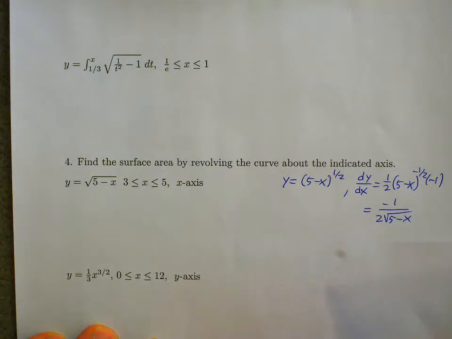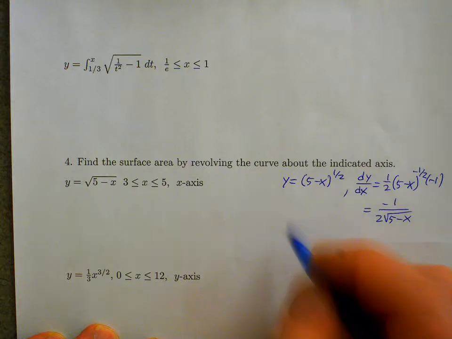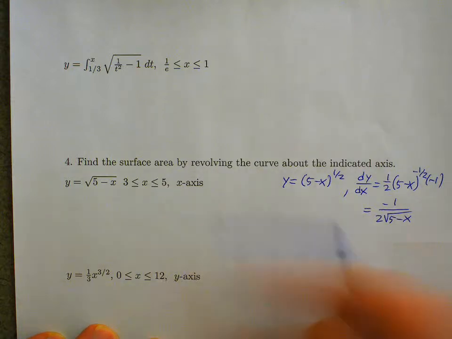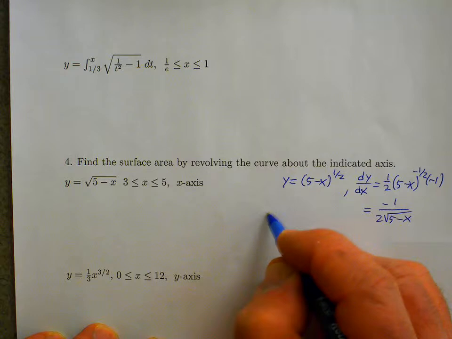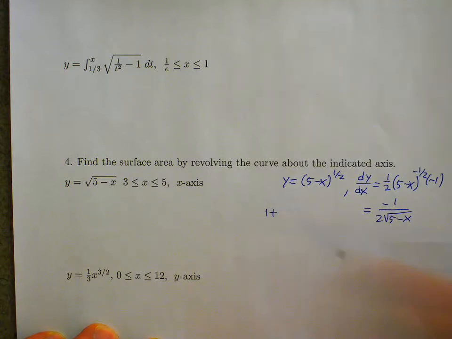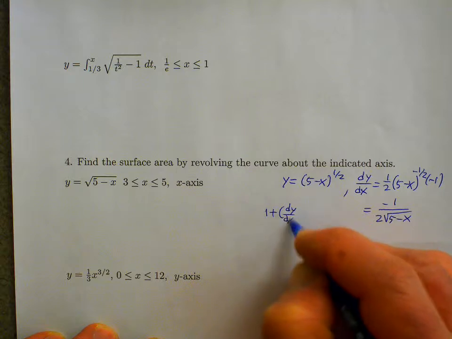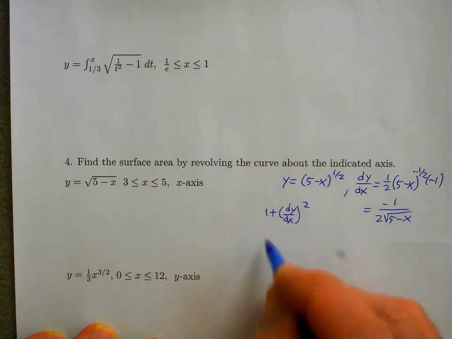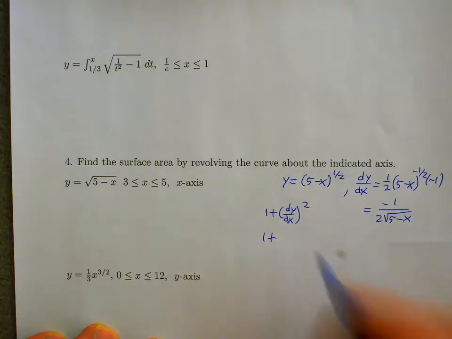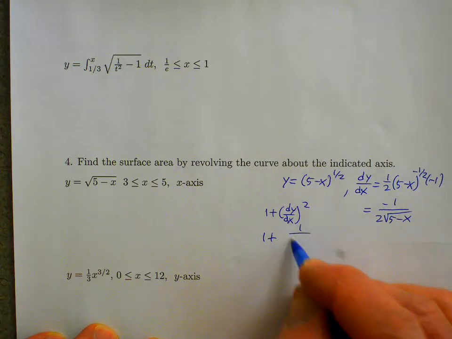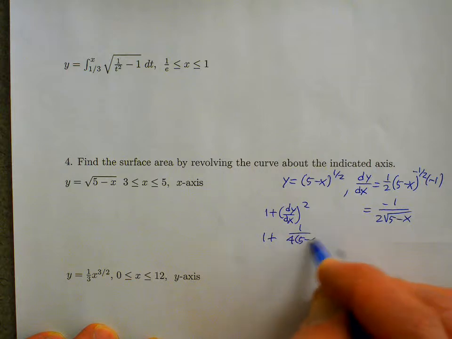Okay, and we're going to square that. So part of this integrand is going to be the square root of 1 plus dy dx squared. So that's going to be 1 plus this thing squared, which is 1 over 4 times 5 minus x.